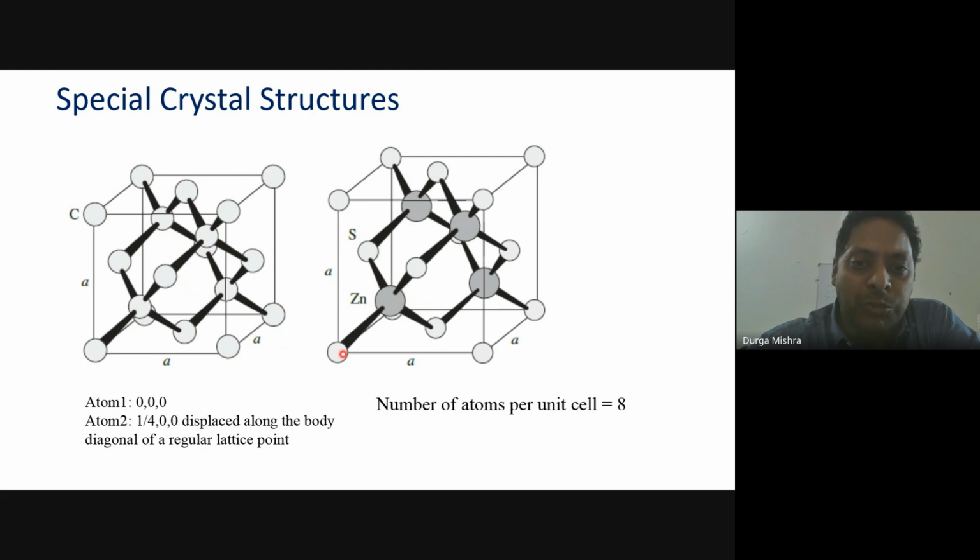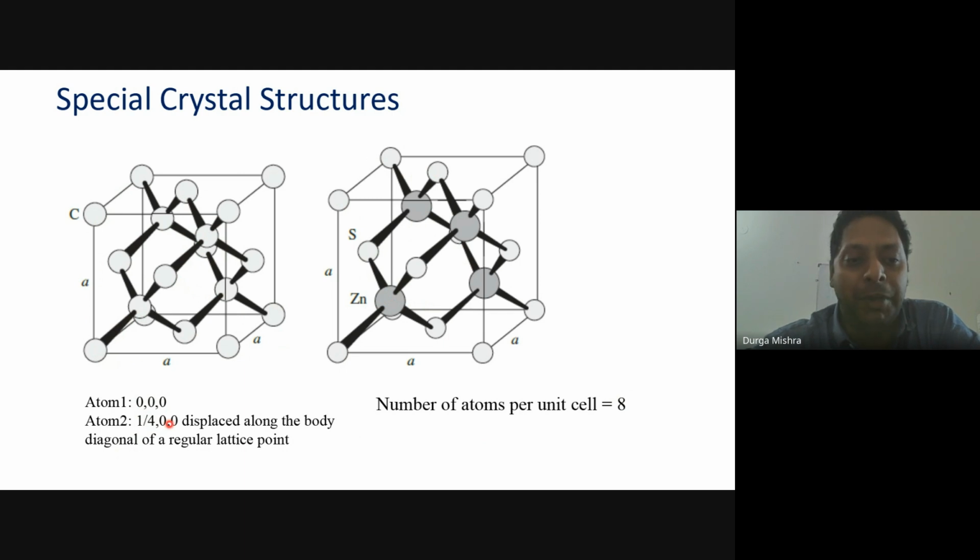The atoms within the unit cell occupy a special position. To find the coordinates, as we saw earlier, take the corner atom as 000. The special atom within the unit cell is displaced along one of the body diagonal axes by one fourth of the distance, one fourth, 0, 0.